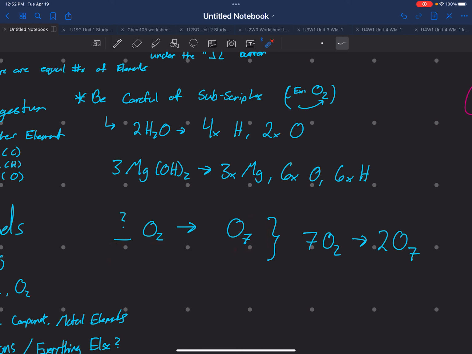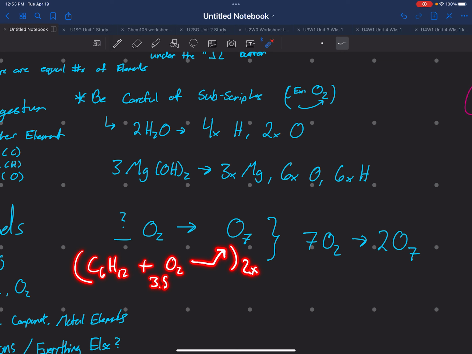Okay, hold up, let me write it out. So if it was like C6H12 plus O2 leads to this, right? And like we said, this is 3.5. But then we have to multiply the whole thing by 2, right? This is just for a sample, or for an example.